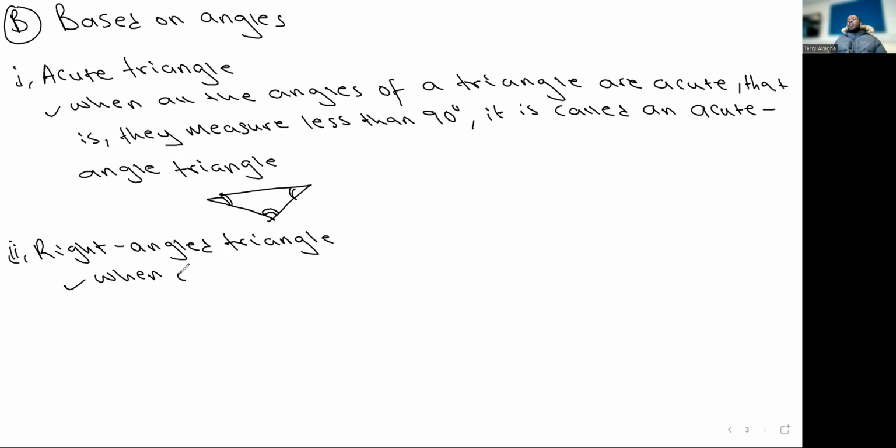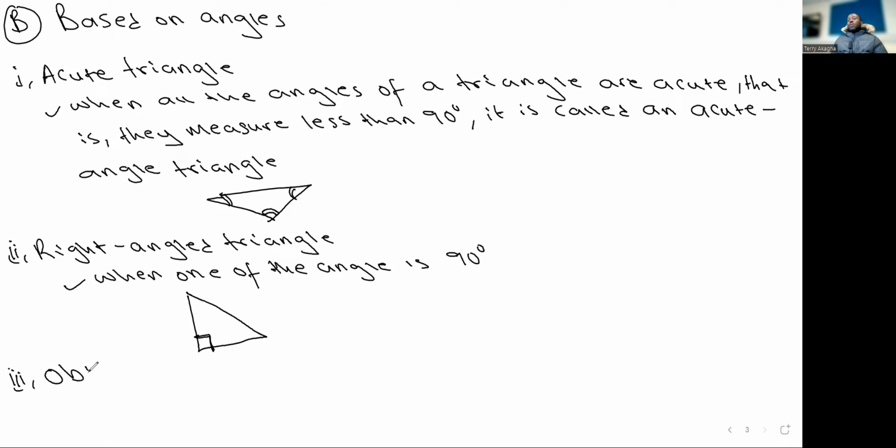So you have a triangle like this, and this part here is 90 degrees. This is what we call a right angled triangle. Number 3, the last one is what we call an obtuse triangle.